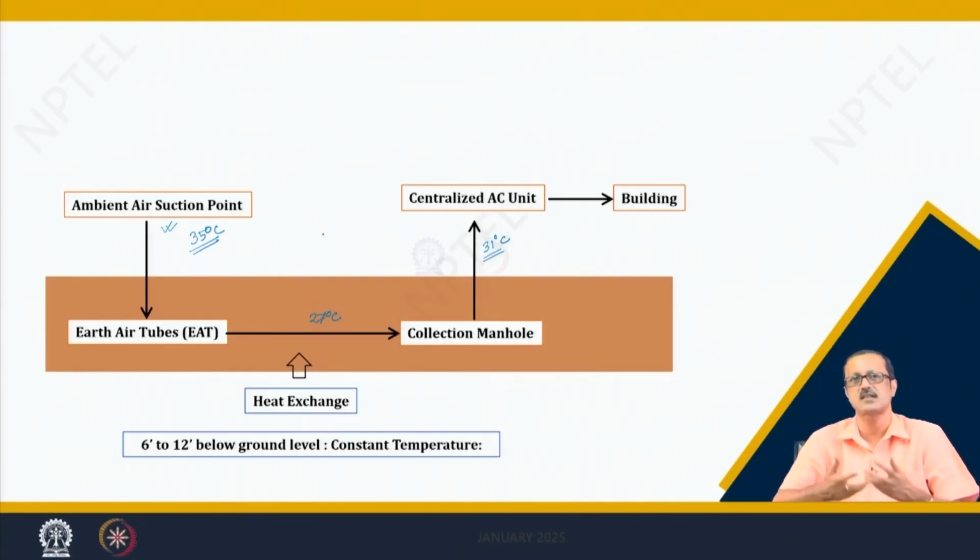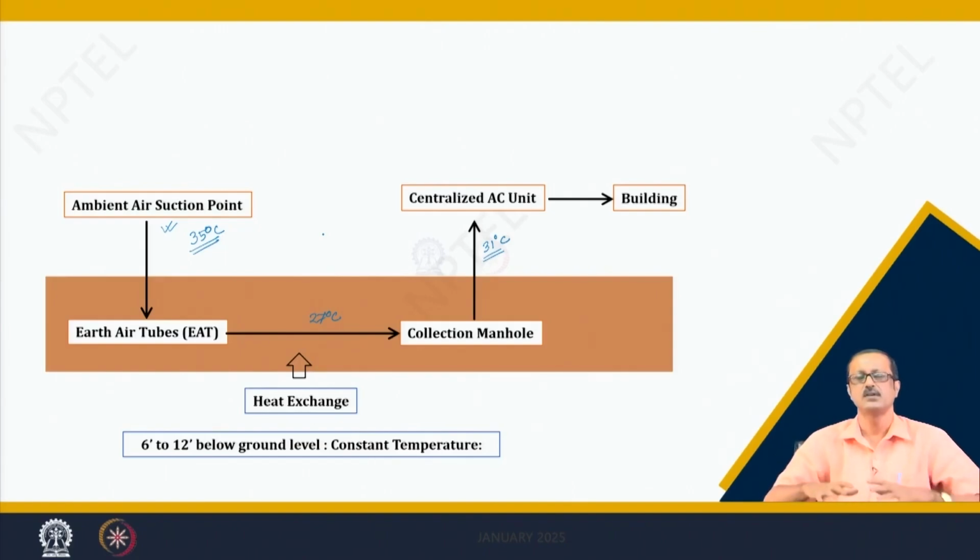Treated air means the air just after the earth air tube. So the temperature of the outside air has dropped by 4 to 5 degrees, and then I can take it to my centralized air conditioning unit, use electricity to further cool it and send it back to the building.